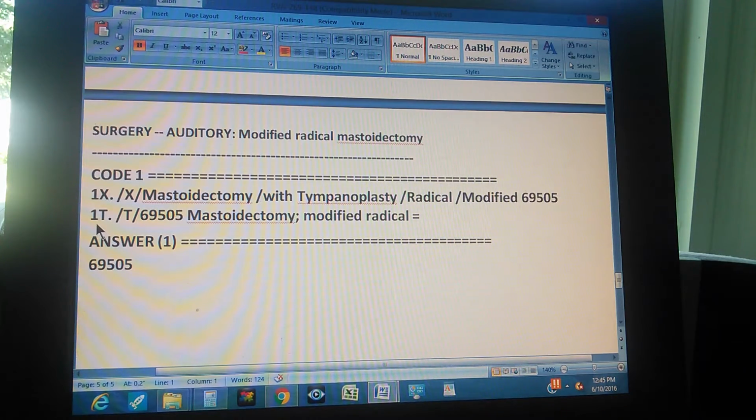Now we're going to check this code in the tabular. The code through the tabular is found like this. First you go to the tabular. Then you go to 69505. Since you only have one code, go exactly to that code. It's numerical, so you'll find it easily under the 69. So 69505. And what do you read there? You get mastoidectomy modified radical.